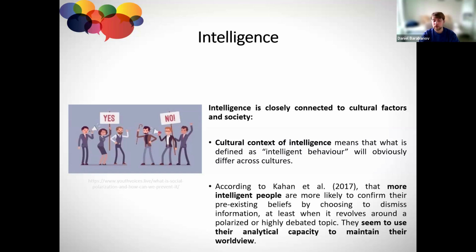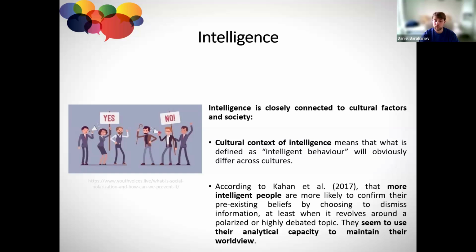Another interesting piece of research shows that people with high intelligence actually do not use it for finding the truth in debates. When there are debates and discussions, intelligent people mostly use their intelligence to prove their point of view, which they already had before the debate started.